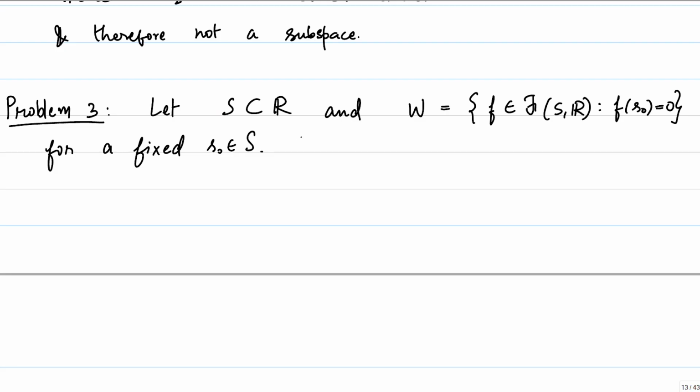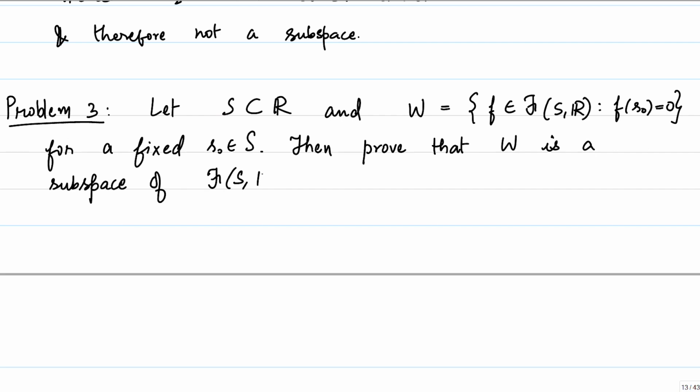Recall, I will come to that. Then prove that W is a subspace of F(S, R).